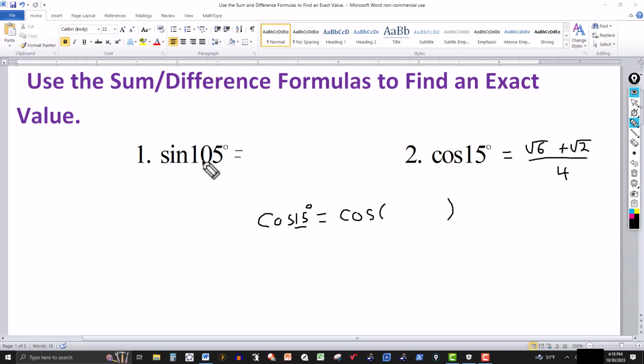So for the first one, 105, we saw that that was 60 degrees plus 45 degrees. So that worked. So now in this case, you think about it, okay, looks like we have to find a difference here. The difference of two angles gives me 15 degrees. And we always want to come up with something like 45, 30, 60. So in this case, you can see it's 45 degrees minus 30 degrees.